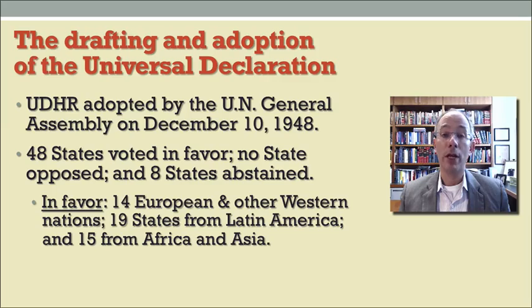Now, it's worth noting that many countries had not yet emerged from colonialism, and so the membership of the United Nations was much smaller in 1948 than it is today. But as those countries did become independent and achieve their independence, they too supported the principles in the Universal Declaration. So with that in mind, I think it's worth talking a bit about the substance or content of the Declaration.